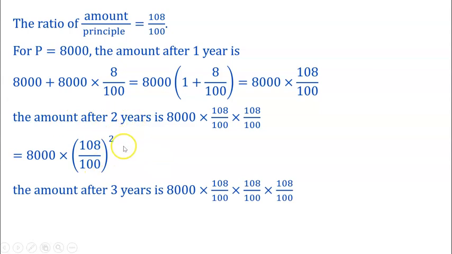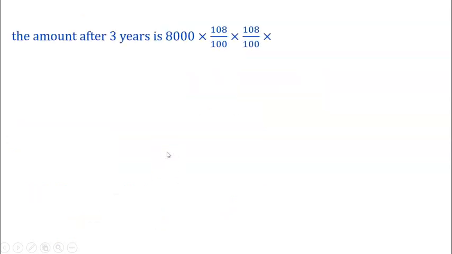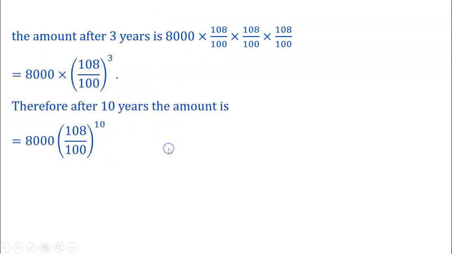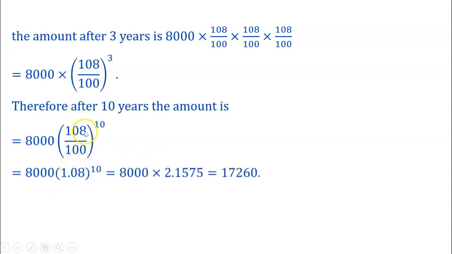This is after 2 years. After 3 years, you will get 8,000 into (108 upon 100) whole cube. And in this way, after 10 years, 8,000 into (108 upon 100) raised to 10. Now substitute the value. 108 upon 100 is nothing but 1.08 raised to 10.